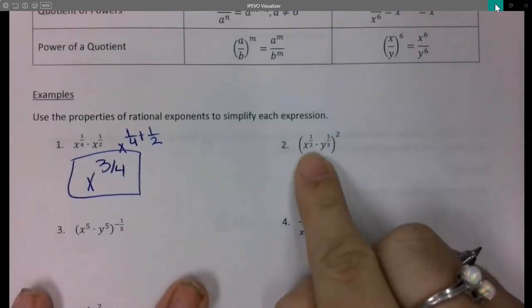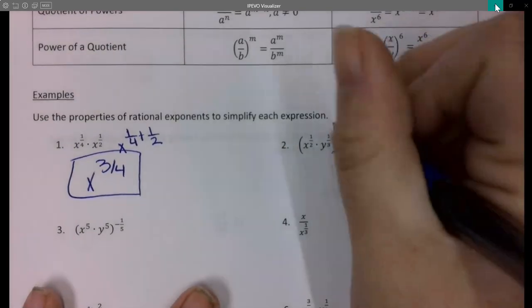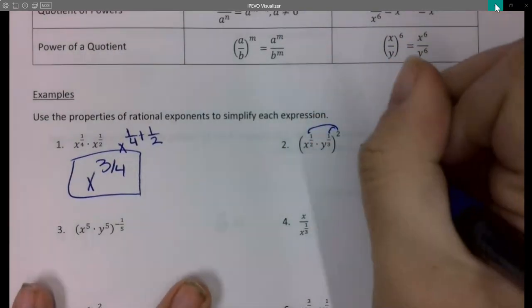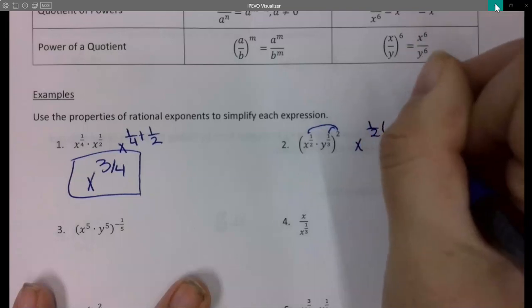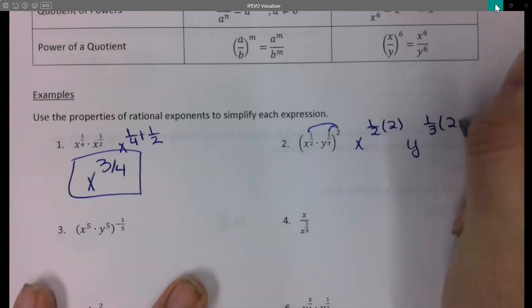For number 2, I don't add, because these are two different letters. I want to distribute my exponent to each of the insides. So I'm going to have x to the 1/2 times 2 and y to the 1/3 times 2.